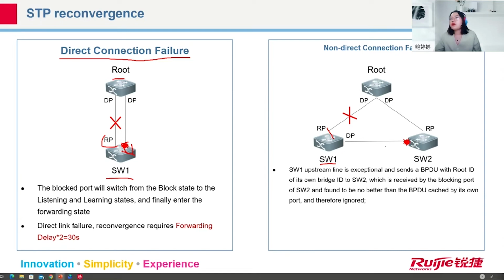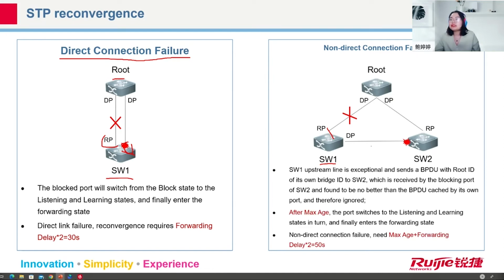So it will find the link is broken only after the max age. The max age is 20 seconds. So 20 seconds later, I will move the interface from blocking to listening and then to learning.